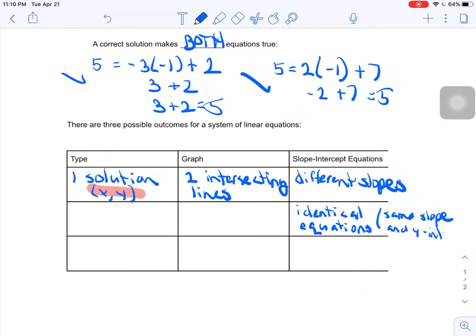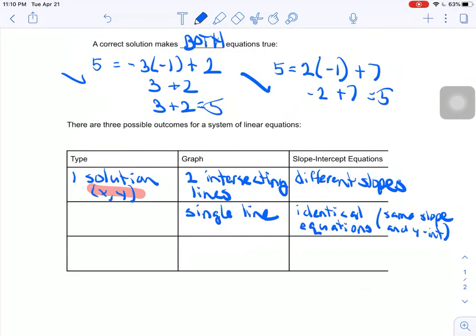So same everything, identical in every way. So on the graph, that looked like a single line. There actually were 2 lines there, but the lines were directly on top of each other, so it just looked like one line. So that's not going to have one answer. That's going to do something different.